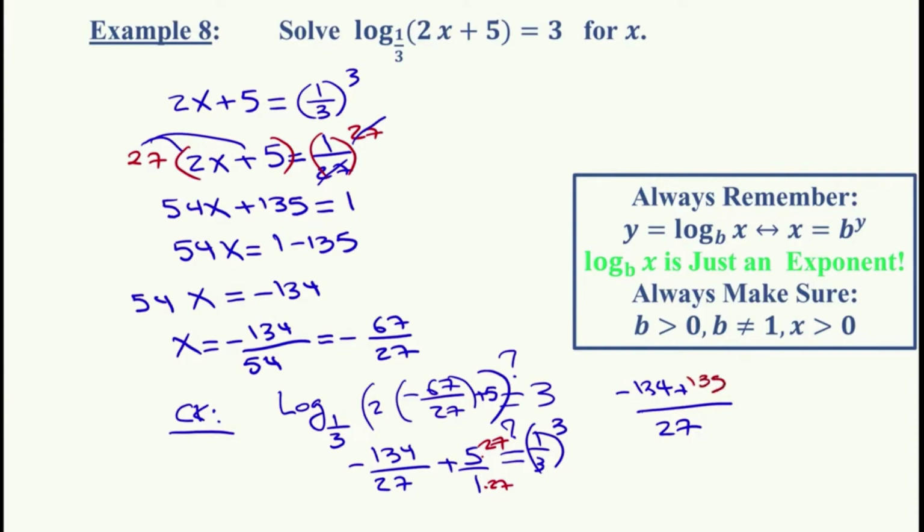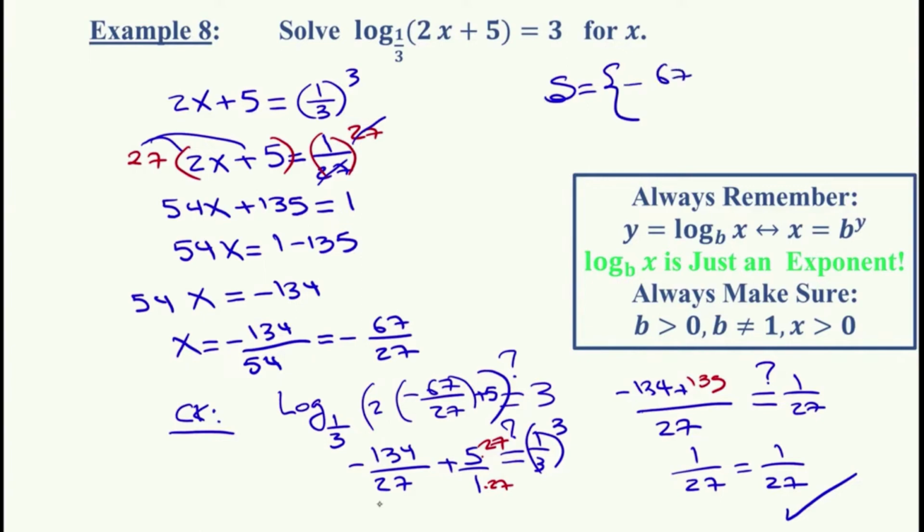So that'll go here. I go back to my other color. We want to know if that's equal to 1 over 27. And notice negative 134 plus 135 is 1. So we get 1 over 27 equals 1 over 27. So it passes the check. All right, so if you want to write the solution set, it contains one value, and that's negative 67 over 27.